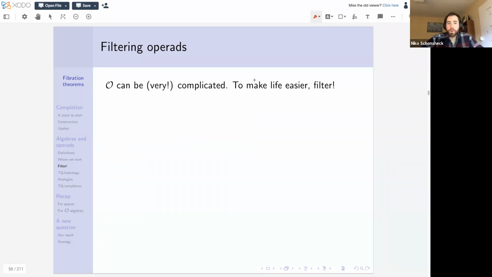How does this filtration work? Well, given an operad O, I'm going to define a bunch of new operads, but they're built out of O. So I'm going to define this operad tau1 of O, and this is going to be a much simpler gadget because it agrees with O at level 0 and agrees with O at level 1, but then I've killed everything higher. Okay, so from level 2 and on, I've mapped everything to a point.